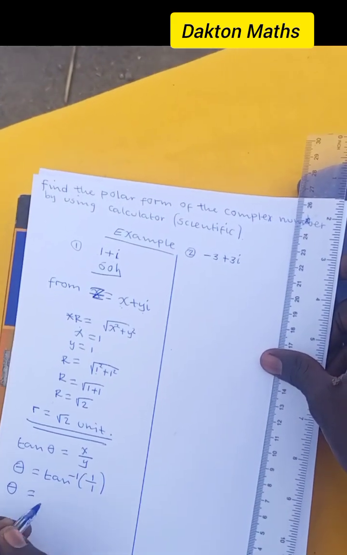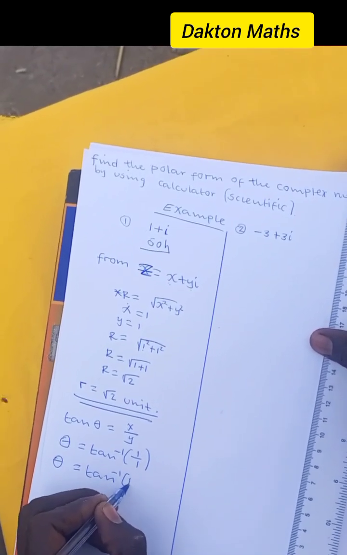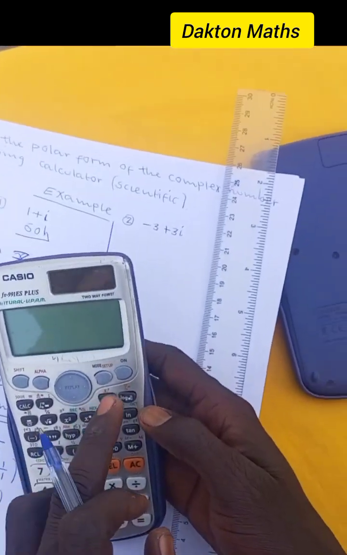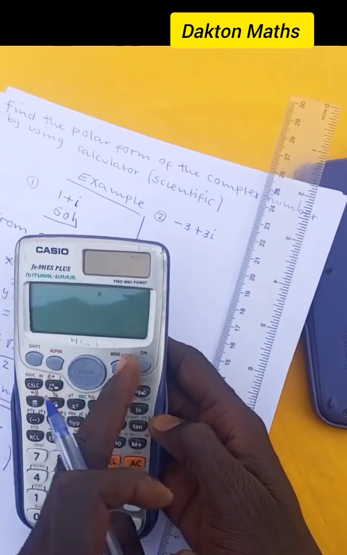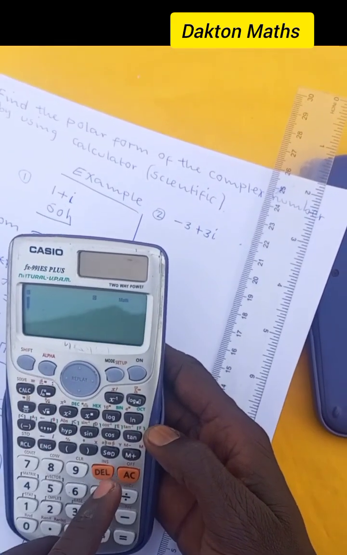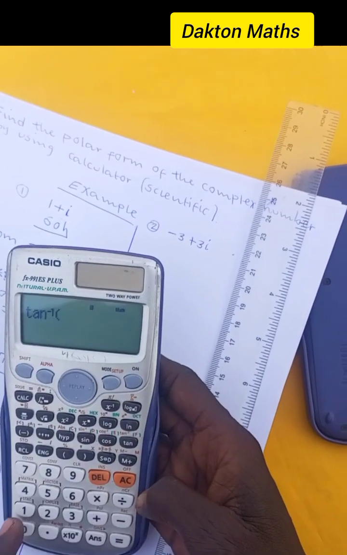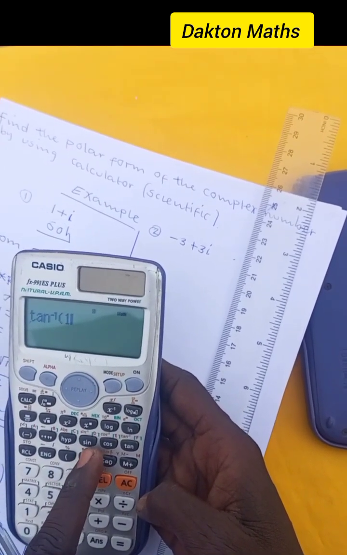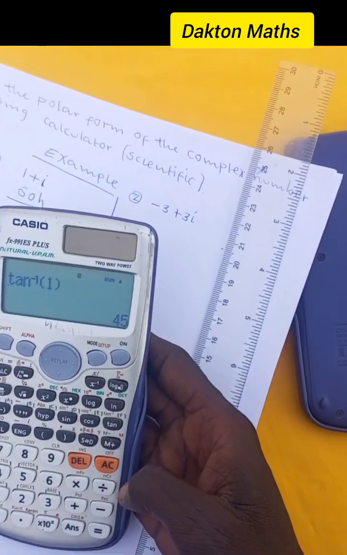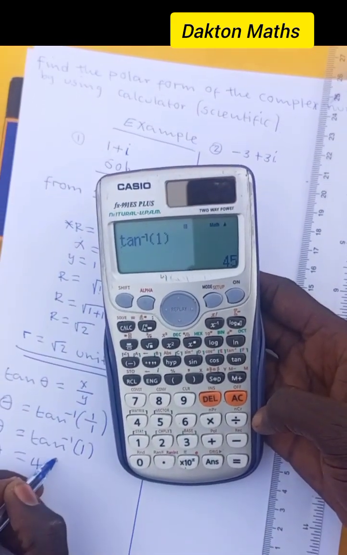Therefore, theta is equal to tan inverse of 1. And tan inverse of 1, on this scientific calculator, you press on. After that, you press shift. After shift, you press tan. It brings you a tan inverse. You put 1, you close your bracket, you press the equal sign. It means the tan inverse of 1 is equal to 45. It means theta is equal to 45 degrees.